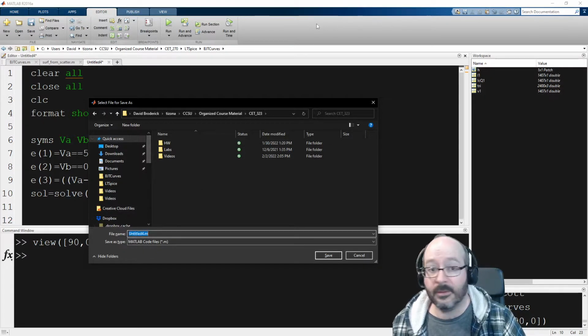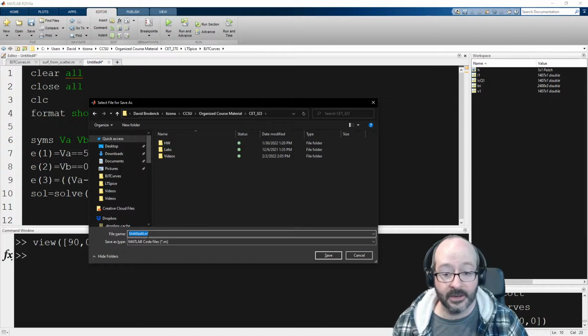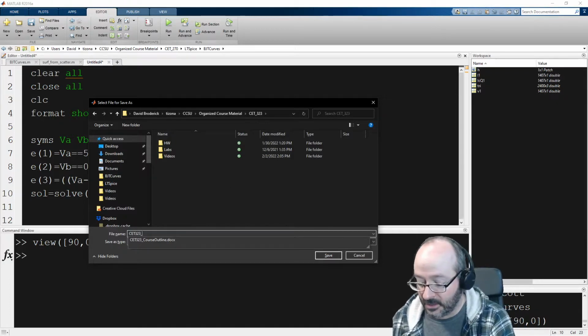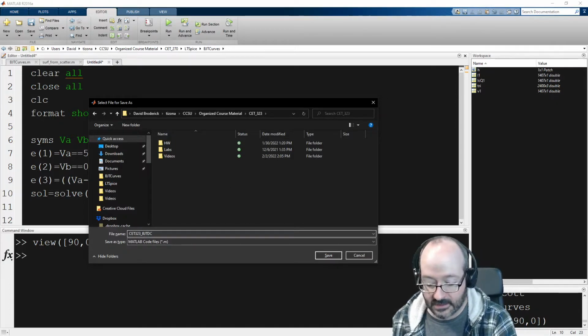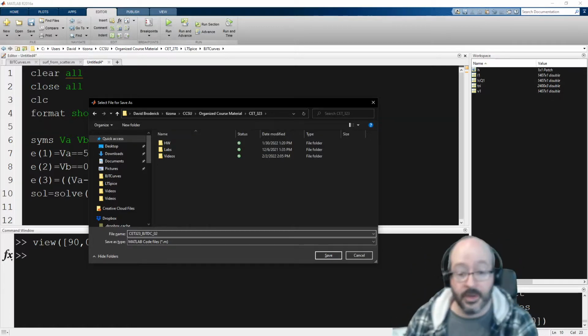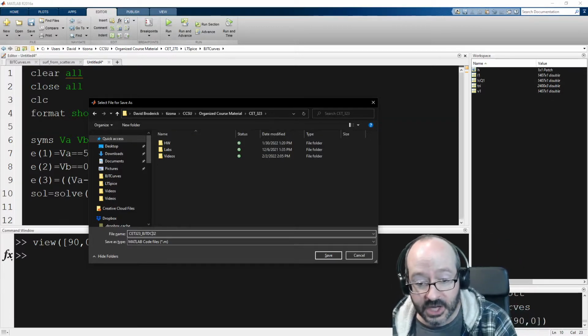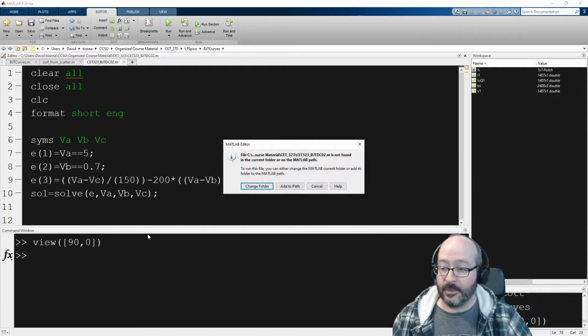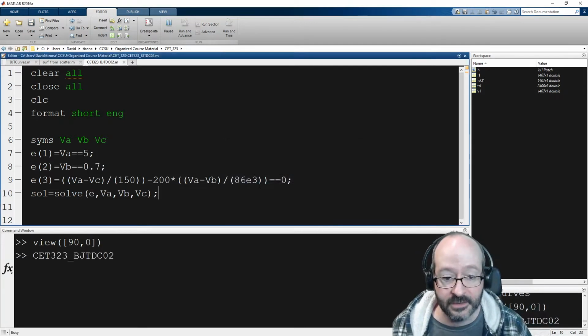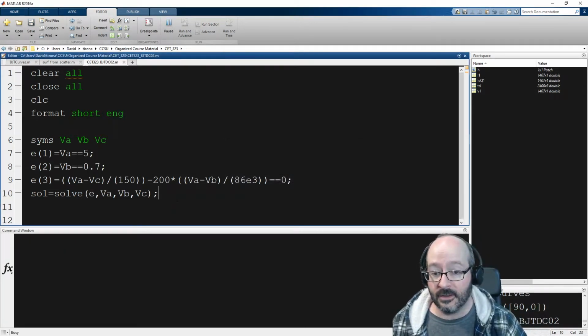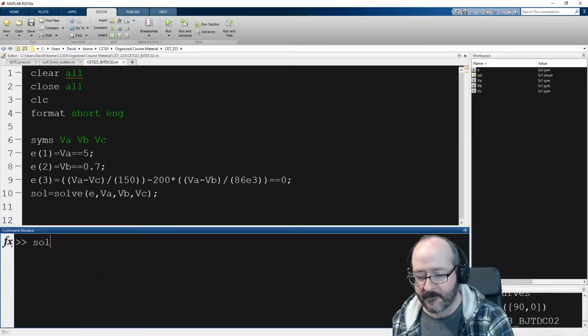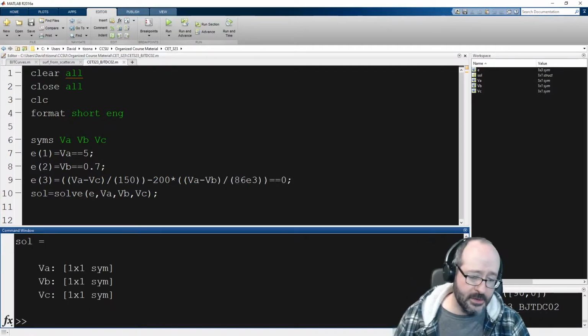I want to call it the same thing as the file over here, CT323 BJT DC, and that's going to be 02. That way you have some shot at lining up what script I used in which of the videos. So let's go ahead and run that. Hopefully we have a solution. We do have a solution.